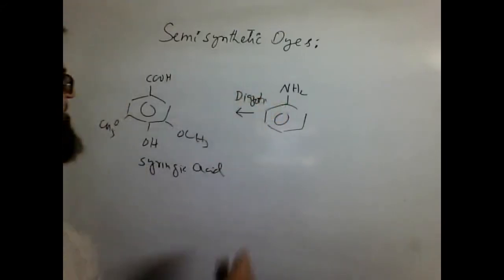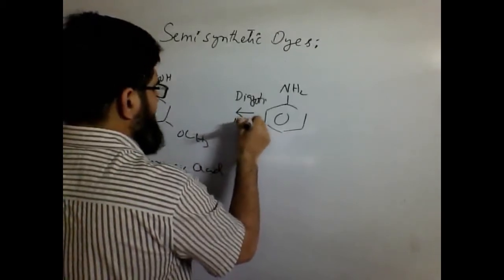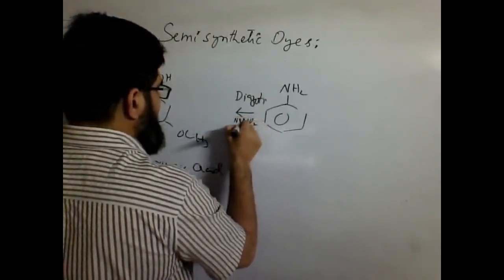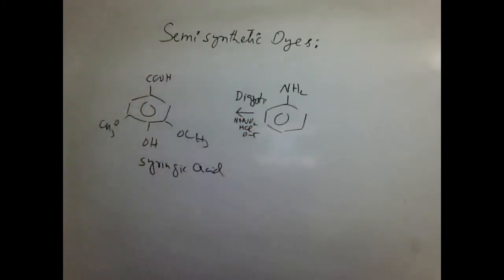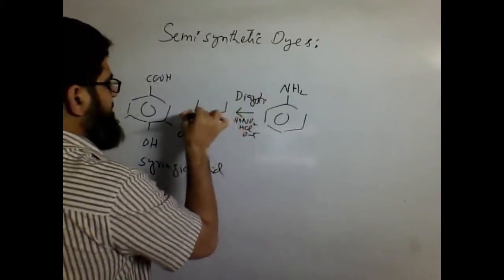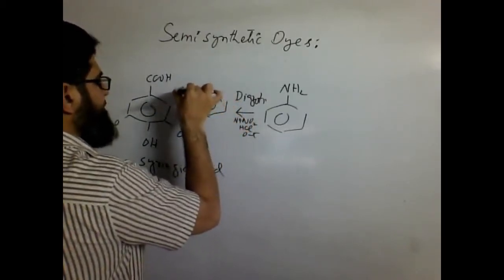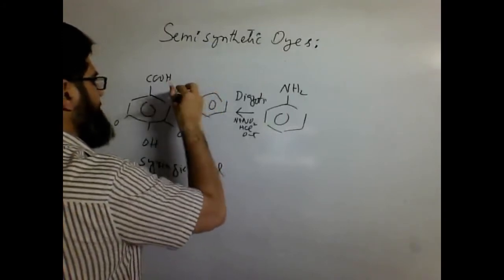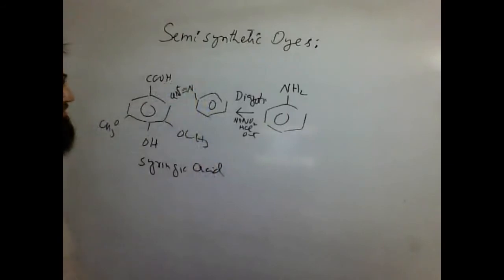Okay, we have an idea about the chemicals, we have an idea about the reaction conditions. So what would have happened? They would have generated a sort of diazonium salt, like this one.